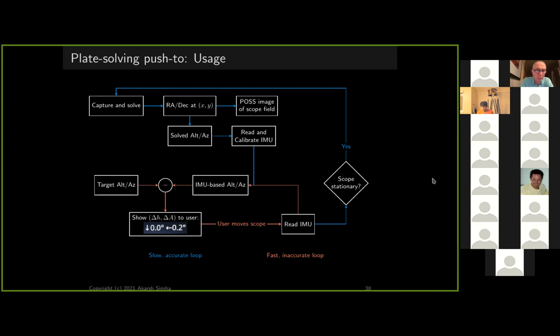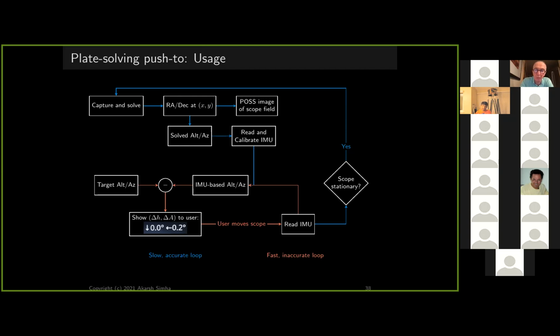And the way I do that is that I have a display right next to my telescope, right next to my eyepiece. And with this display, I present the user with a correctly oriented POSS image. POSS is the Palomar Observatory Sky Survey. It's digital, DSS. You might know it as DSS. You can think of it as this: there exists a software and a database that I can query.